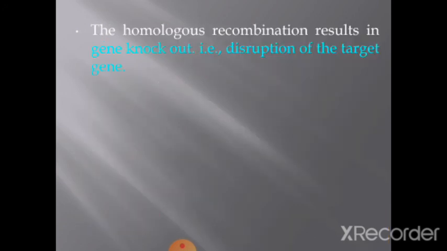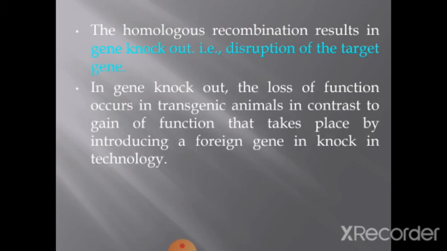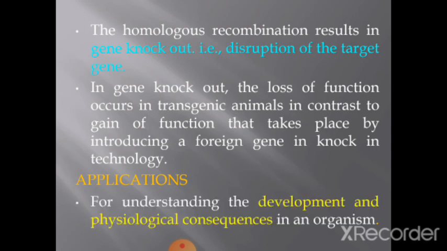Okay. So this is what exactly is done in knockout technology. The homologous recombination results in knockout, that is disruption of the target gene. There is loss of function in contrast to the gain of function in the transgenic mouse generated by knock-in technology. Okay. What are the applications of knockout mice?